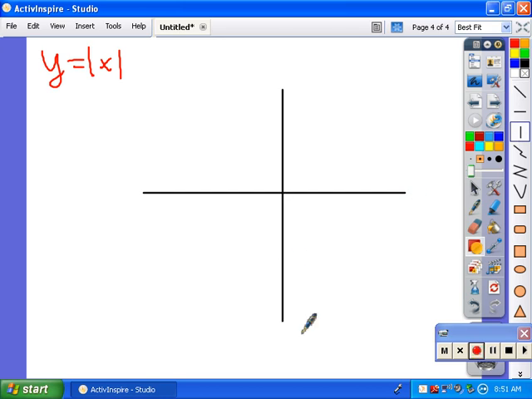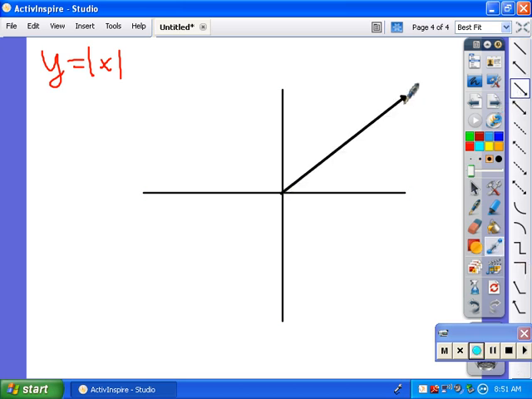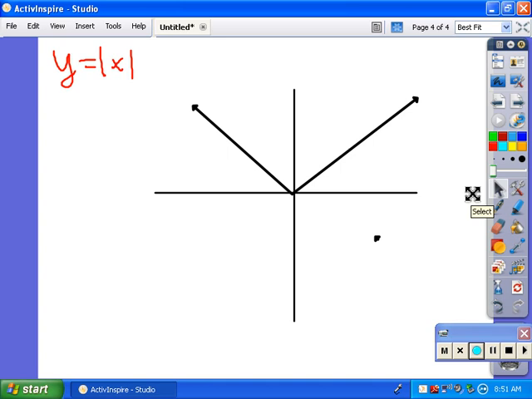Y equals absolute value of x, what does that look like? Yep, that's the old V-shaped graph. The reason I'm putting these up here and you're putting them in your notes is that when I say the function, you should be able to picture the graph.